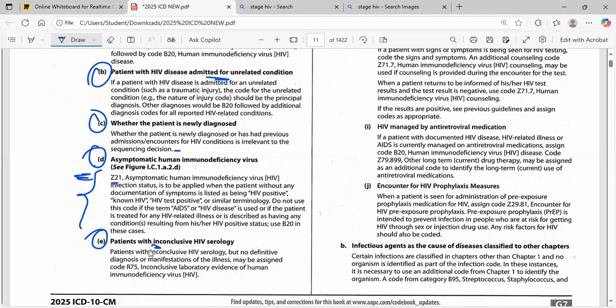So in those cases, what do we have to use? We have to use R75. Whenever the result is not clear, neither positive nor negative in the serology test, we have to use the R75 code in those cases.